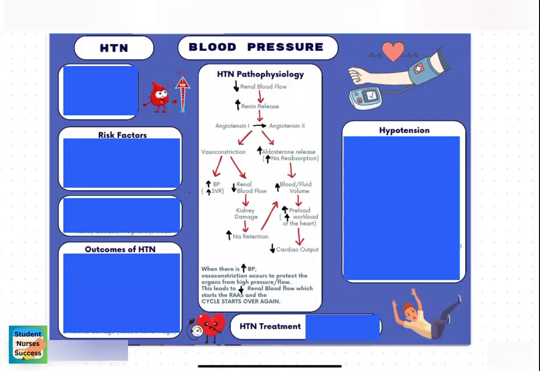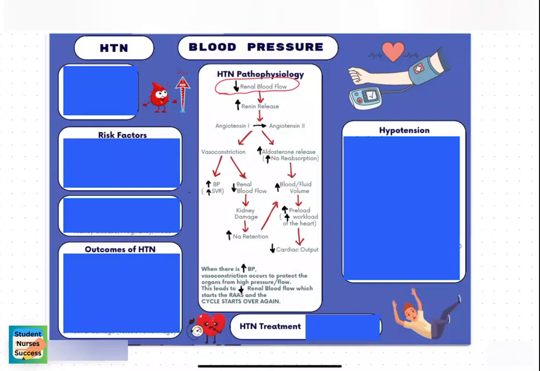Now, when your blood pressure is high, your body vasoconstricts its vessels in order to really protect your organs from that high flow. When you vasoconstrict those vessels, it actually starts to decrease your renal blood flow. When your renal blood flow is decreased, meaning the blood that's going to your kidneys, they respond by increasing renin.